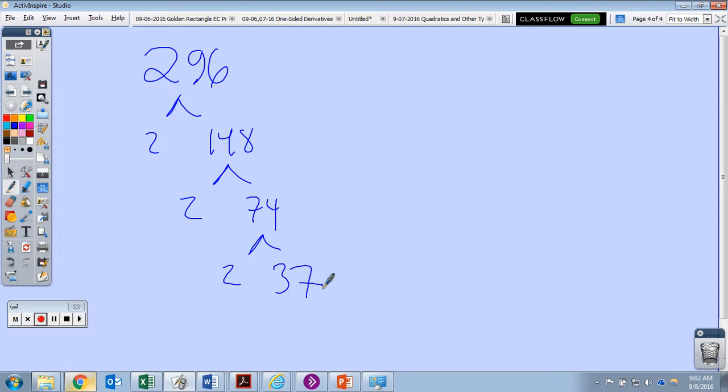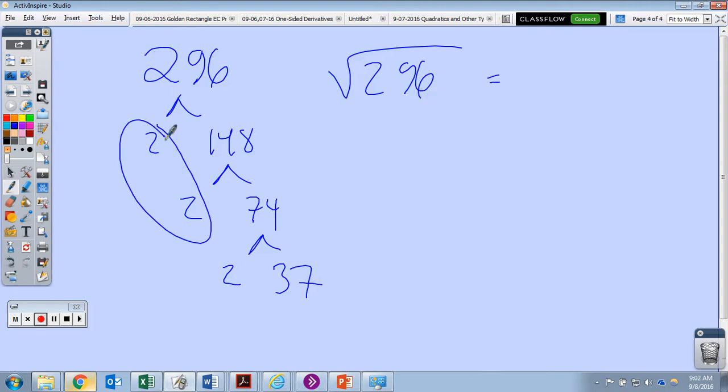So the square root of 296 is going to be equal to, I can take out a 2, and what's left underneath is the 74. So this is the simplified version. What's great about this is that regardless of the index, which here is 2 since it's a square root, it works.